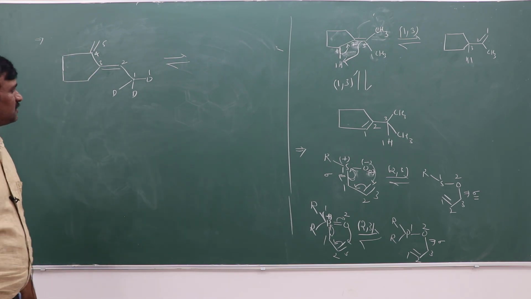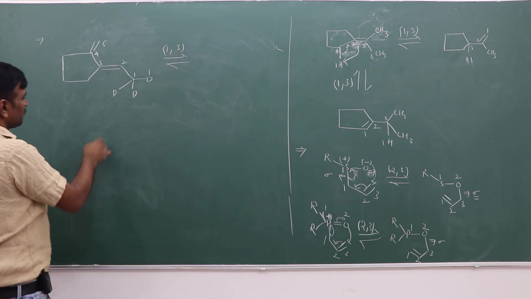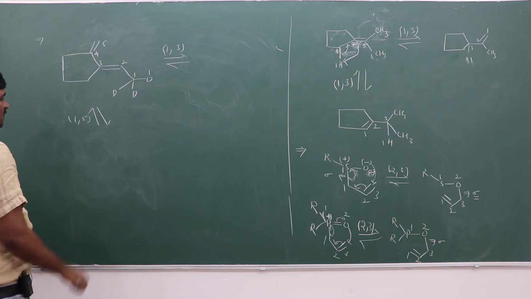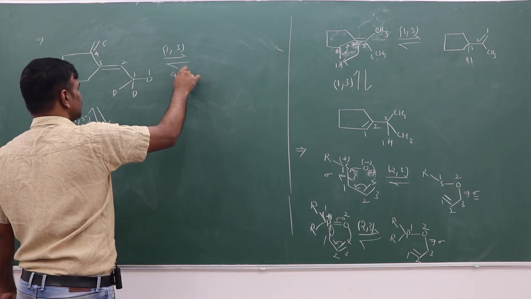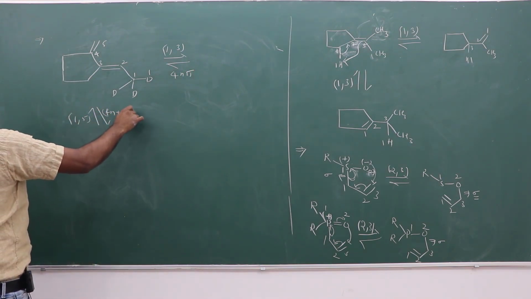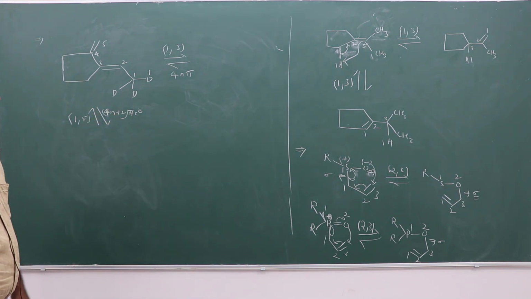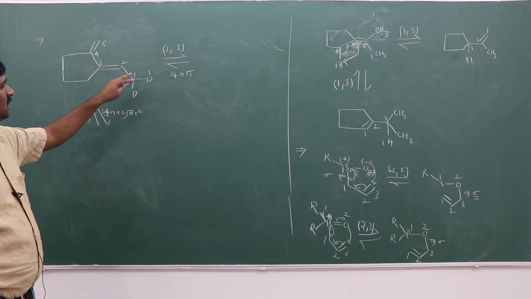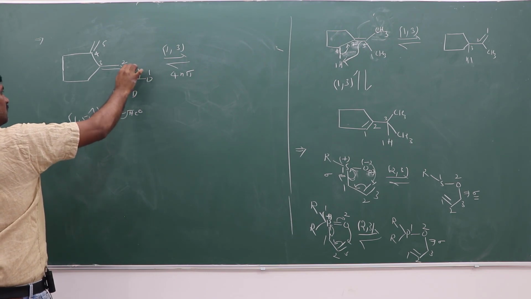Suppose a 1,3 shift takes place, what will happen? If a 1,5 shift takes place, what will happen? A 1,3 shift means a 4n pi system. A 1,5 shift means 4n plus 2; 1 plus 5 is 6. You may imagine it like this. Here a 1,3 shift takes place, from the 1,1 position to the 1,3 position.